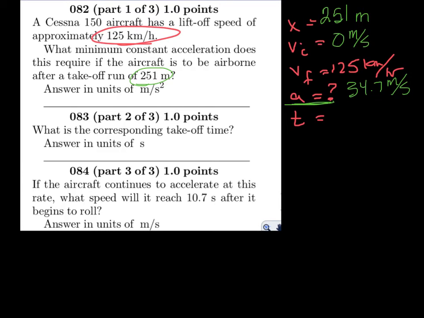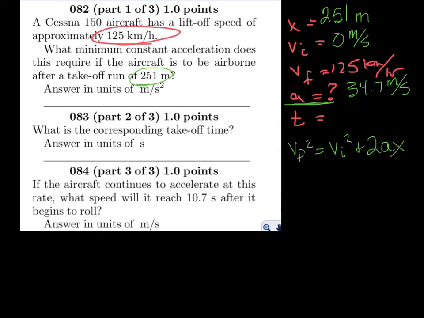So we're going to look at our kinematics equations, and we want the one that doesn't have time in it. You looking? Right. So we want the equation v final squared is equal to v initial squared plus 2ax.